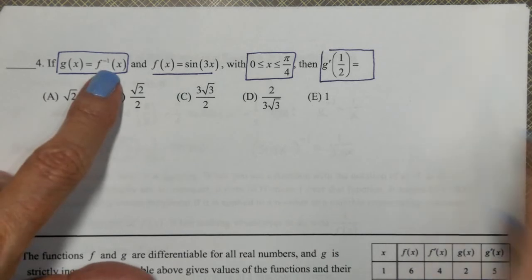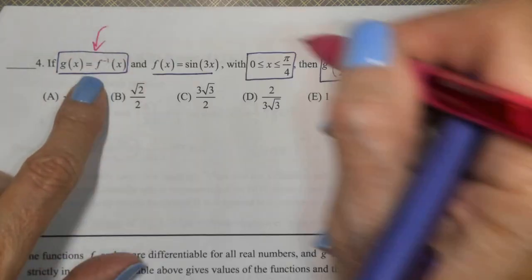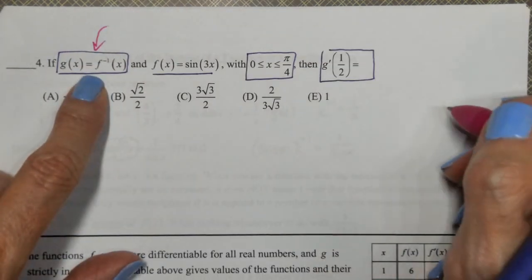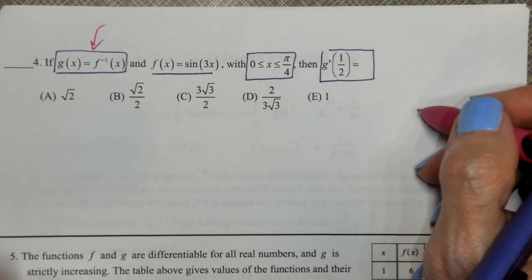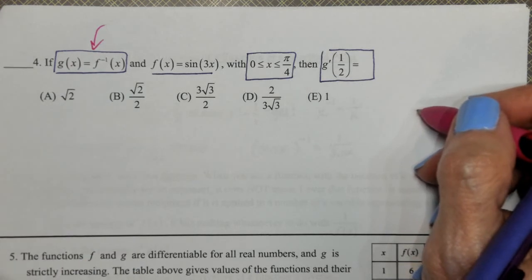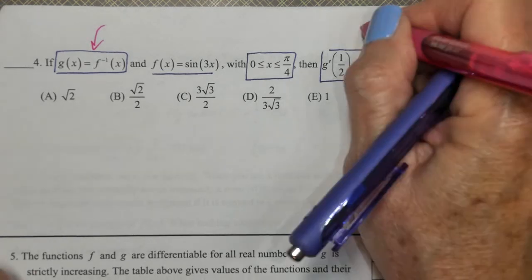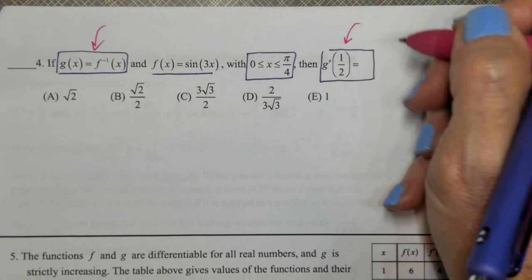As soon as I see that G and F are inverses, I know I'm using that condition that inverse functions have derivatives that are reciprocals of each other at their corresponding points. I am looking for G prime of 1/2.